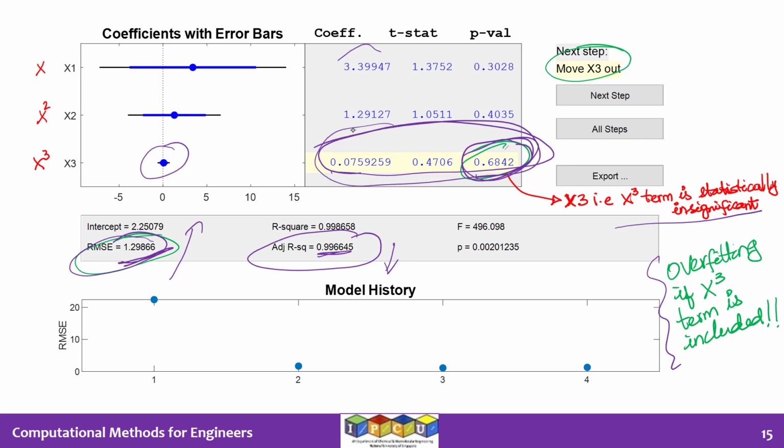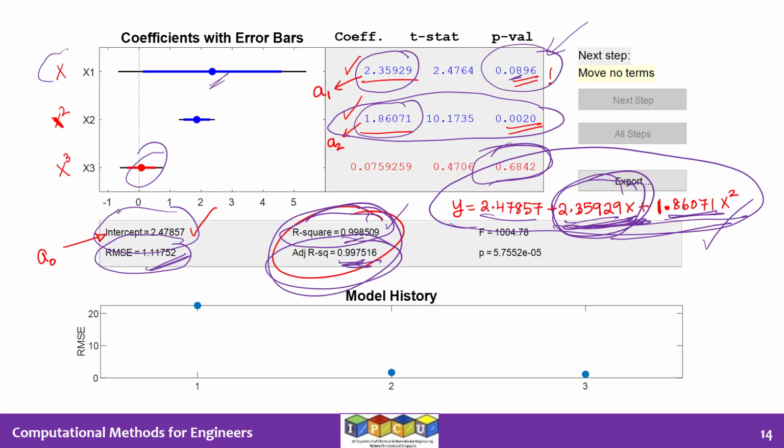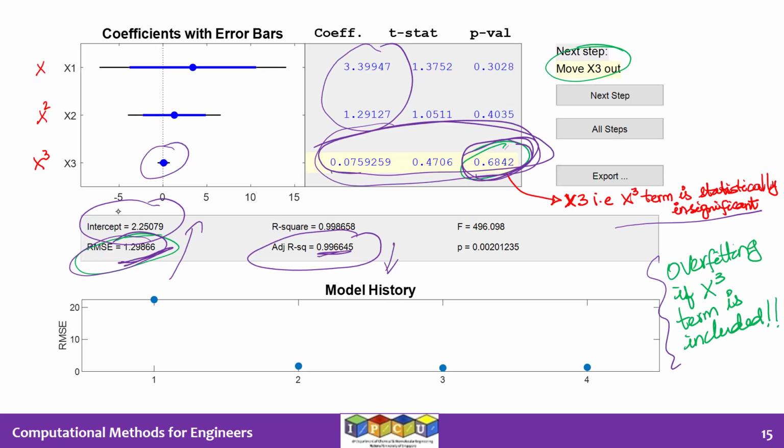That means these numbers for A1 and A2 as well as for A0 are not the best. But if you wanted to write the y equation, you can say y is equal to 2.25 plus 3.39 times x plus 1.29 times x squared plus 0.075 times x cube. You can say that, but clearly there is overfitting.